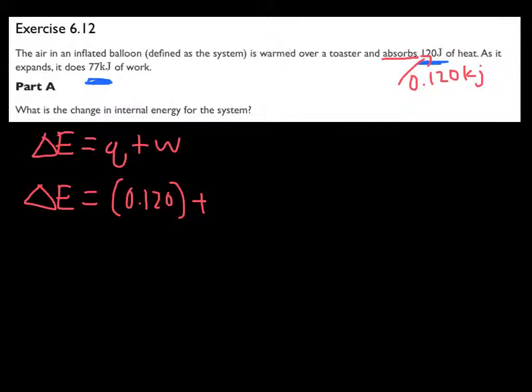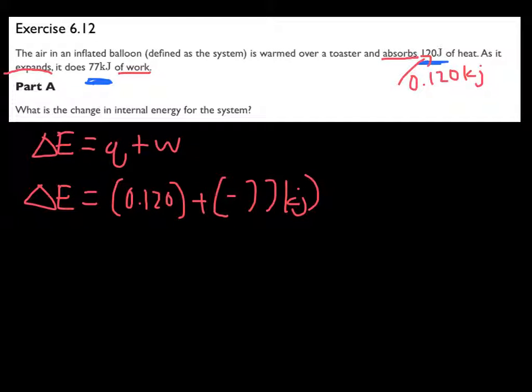Let's see. As it expands, it does 77 kilojoules of work. Expanding. So it's doing work. And it even says right here it's doing the work itself. So that means it's going to be a negative value. Since the system is doing the work, not the surroundings to the system, that gets represented as minus 77 kilojoules.